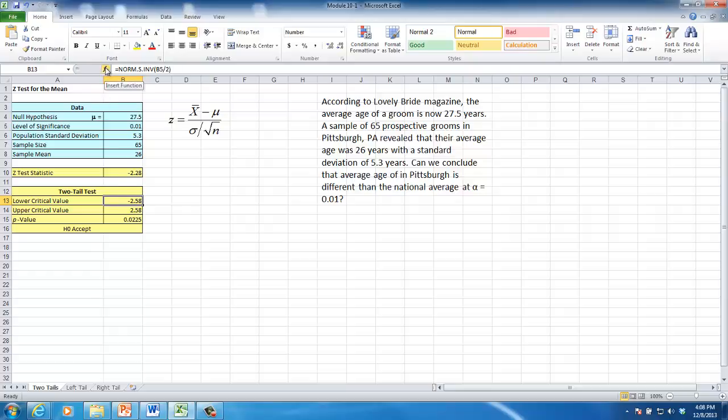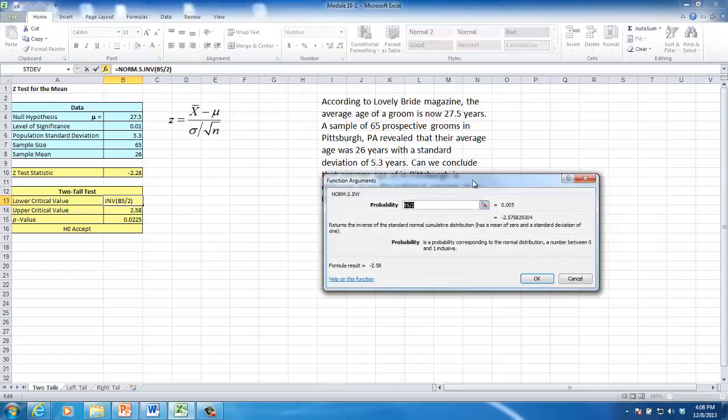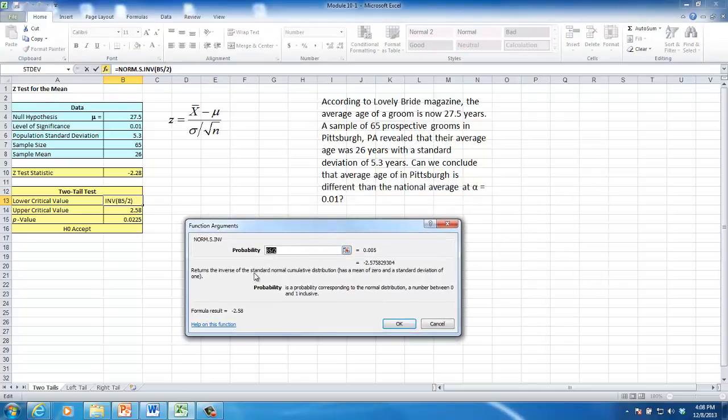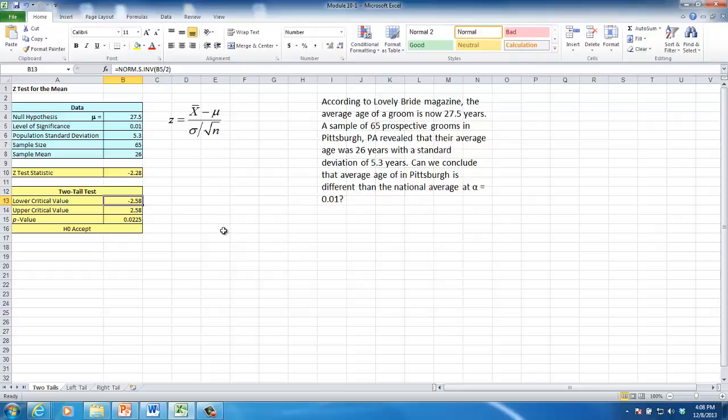The reason for B5 divided by 2 is that it's a two-tail test, so the alpha needs to be divided by 2. So alpha was B5, so 0.01 divided by 2, and if I click OK, I find minus 2.58 with NORM.S.INV.